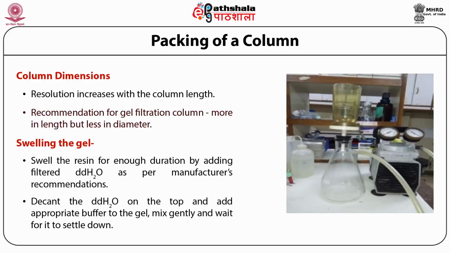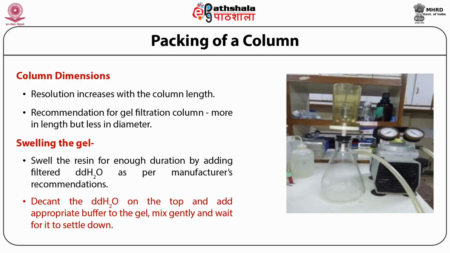Now, how should the gel be swelled for gel filtration chromatography? Add an appropriate amount of filtered double distilled water to the gel matrix, depending on the swelling capacity of the beads, as per the manufacturer's recommendations. Once the gel has swollen and settled down at the bottom of the beaker, decant the double distilled water on the top. Then add appropriate buffer to the gel.